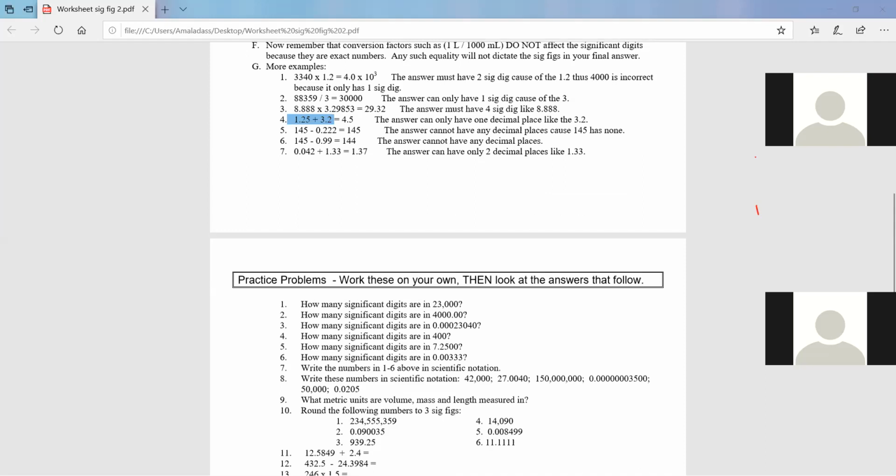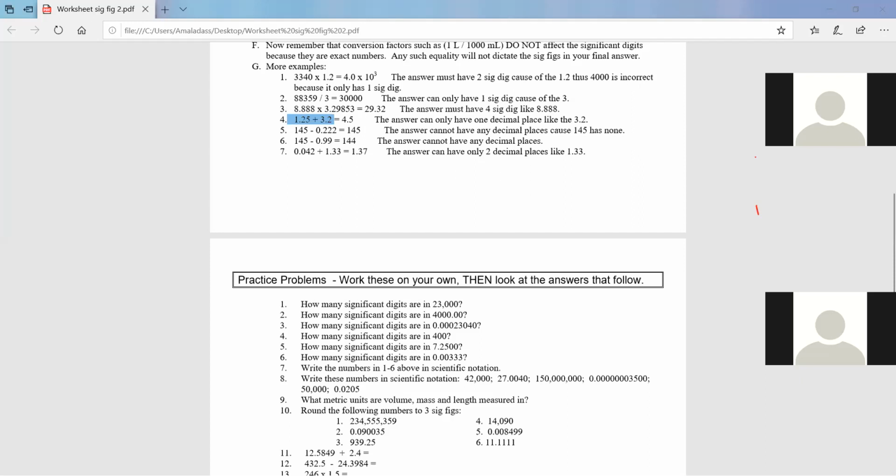Okay. Which is the least decimal place here? 1.33. So 2 decimal places should be the least. So the answer should have 2 decimal places. So what is the regular normal answer? 1.372. Could you round up or not?